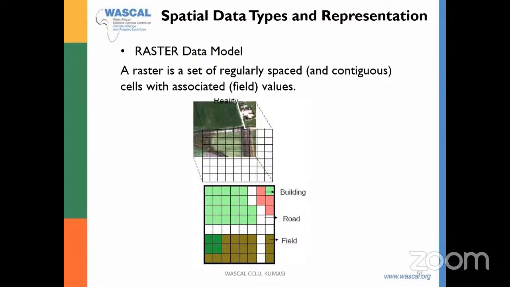And the grids can be high resolution or low resolution. When we talk about high spatial resolution, it means the grid sizes are very small and it's going to give us fine details. But when we talk about low spatial resolution, it means the grid sizes are quite large, from about 100 to 250 meters square.